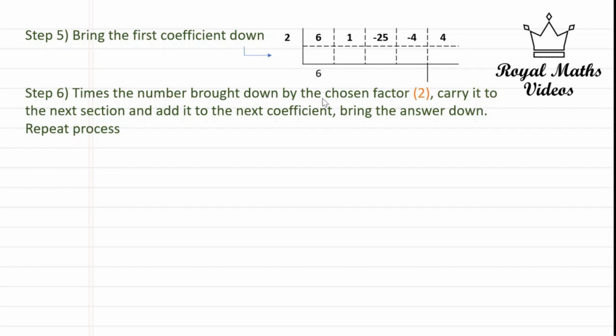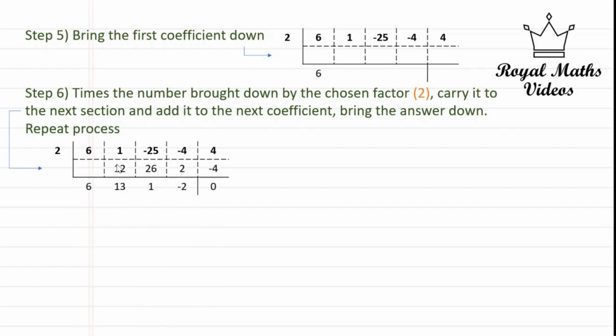So 6 times 2 is 12, carry it to the next section, and plus 1 is 13. Then we just repeat this process. So 13 times 2 is 26, and then 26 minus 25 is 1. And then we do this again.